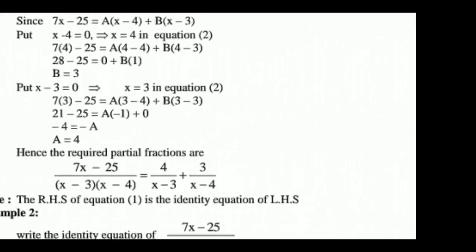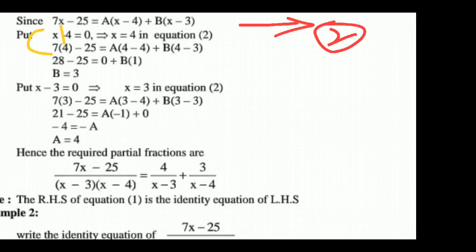Already you have taken equation 1. Now you take this as equation number 2. So in this equation 2, x equal to 4. If you substitute x equal to 4 here, 7 as it is, instead of x, 4, minus 25 as it is, equal to a as it is, instead of x you put 4, minus 4 as it is, plus b, instead of x again you put 4, minus 3 as it is.